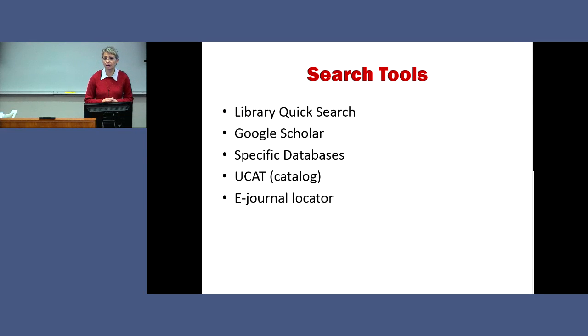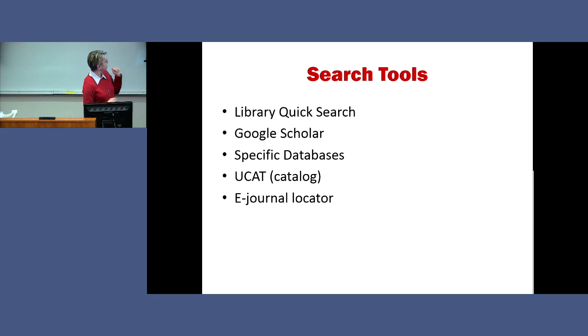However, it doesn't cover everything, and it specifically applies to business type information. So if you're looking for statistics or financials for a company or some proprietary research reports, it's probably not the best tool to look at.